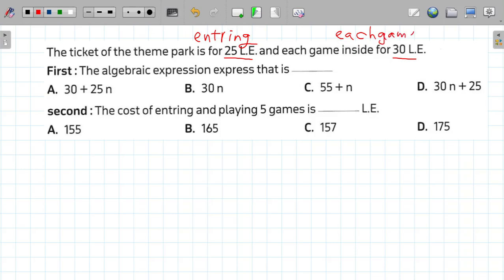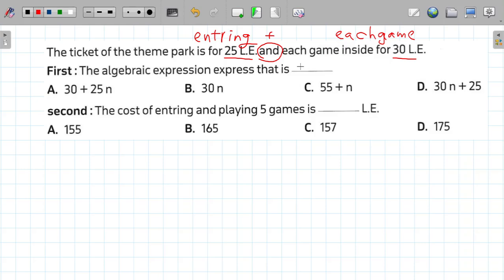So I have here a repeating amount, so I will use the multiplication operation, and for this word "and" I will use the addition operation. So I have here two operations, addition and multiplication.